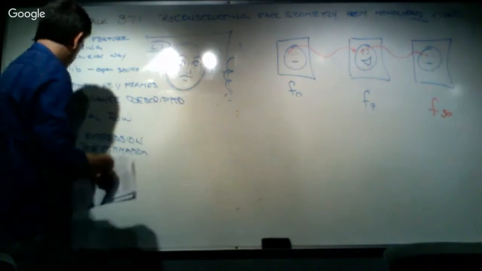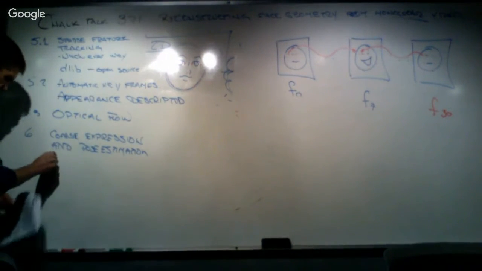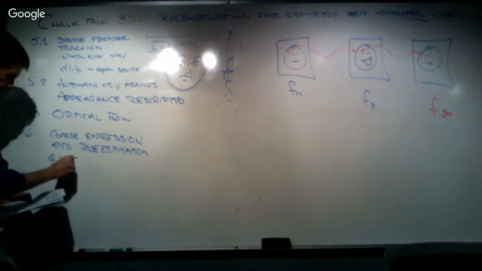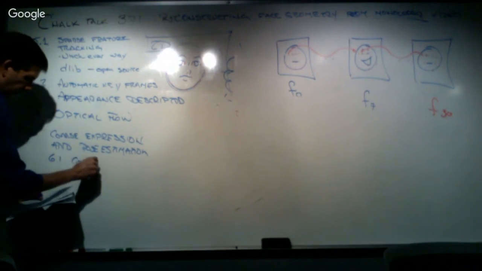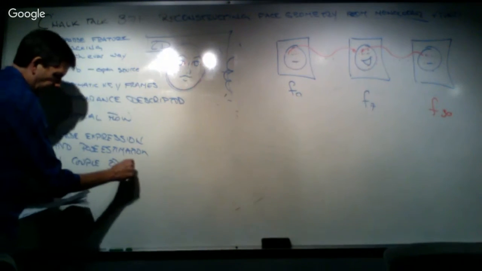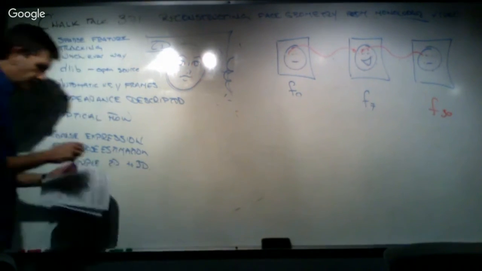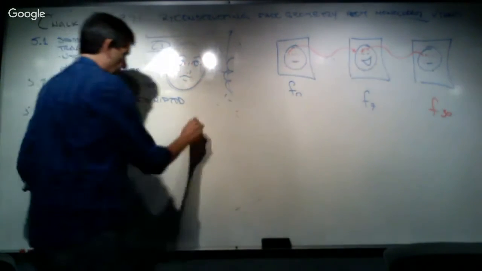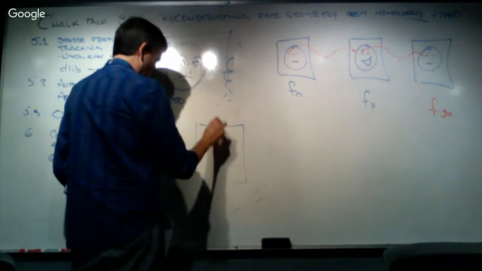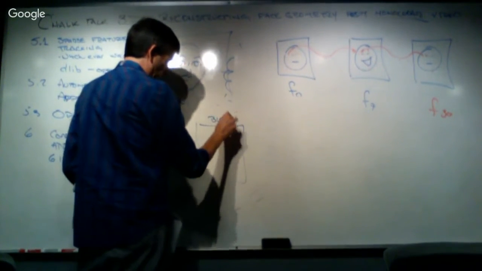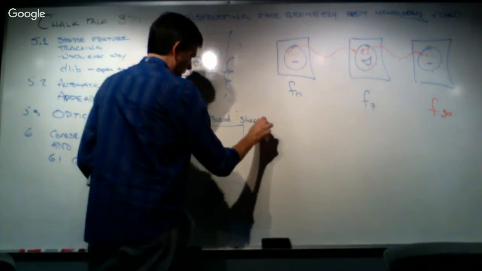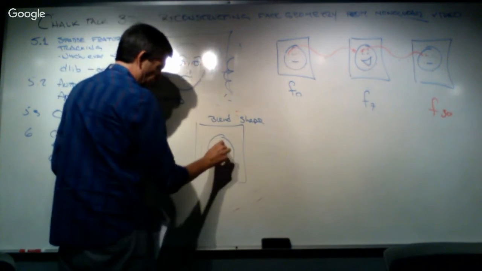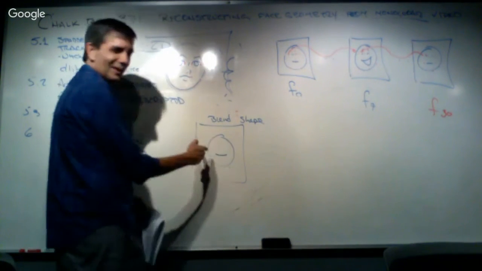Step 6.1, couple 2D to 3D. This one's actually pretty easy. So they take their personalized blend shape, put it in a neutral pose, render it.